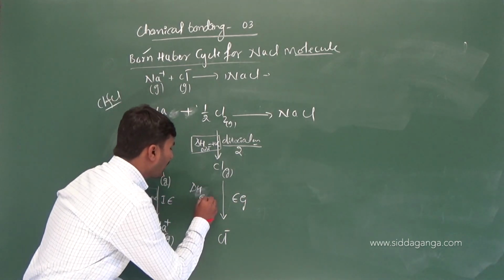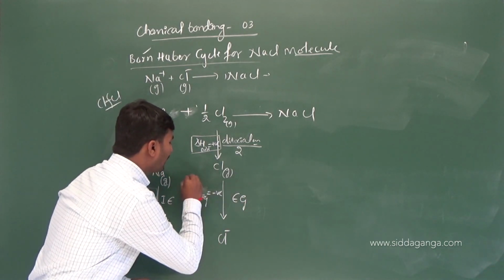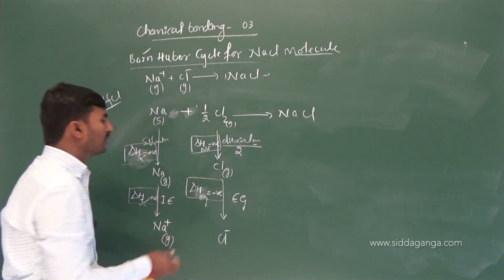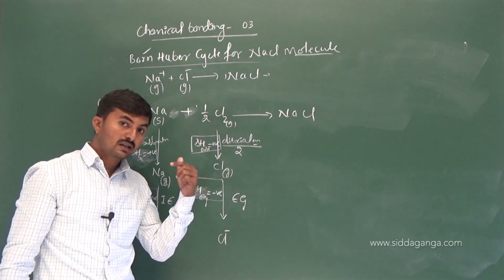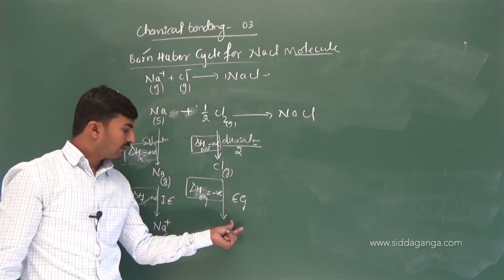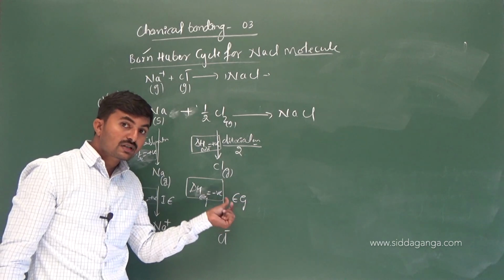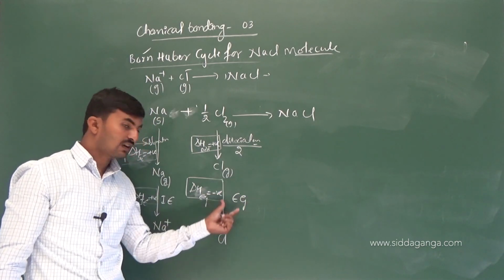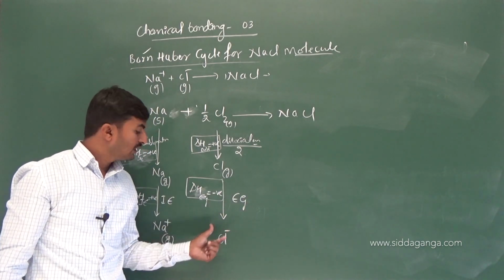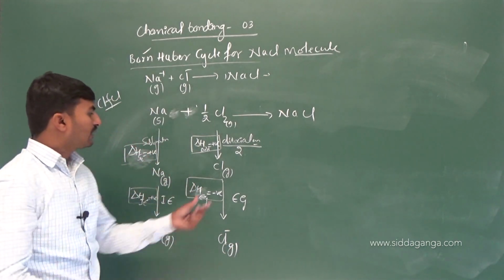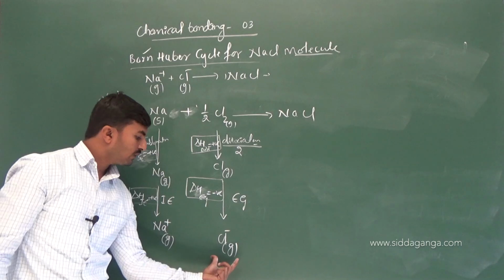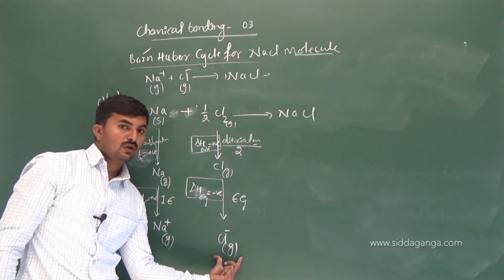That is why electron gain enthalpy is negative. Finally, we convert this chlorine into gaseous chloride ion.